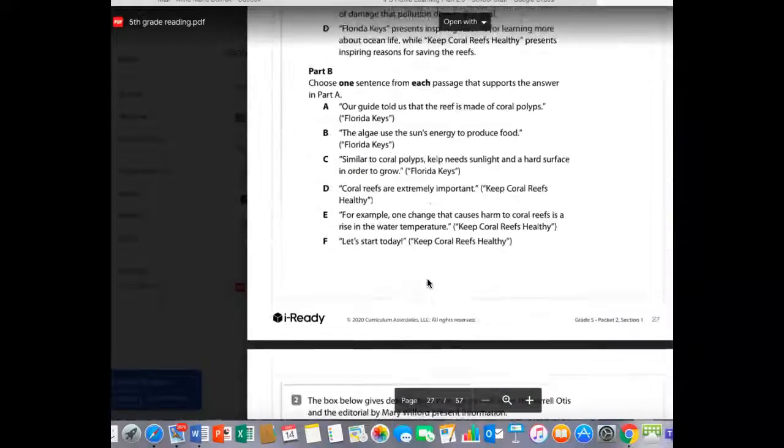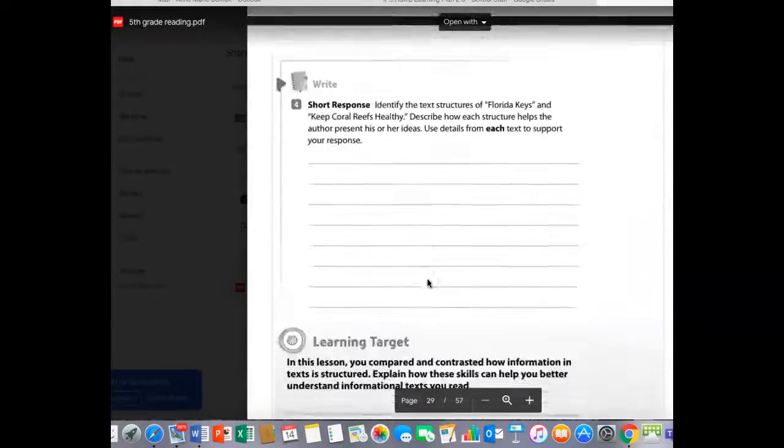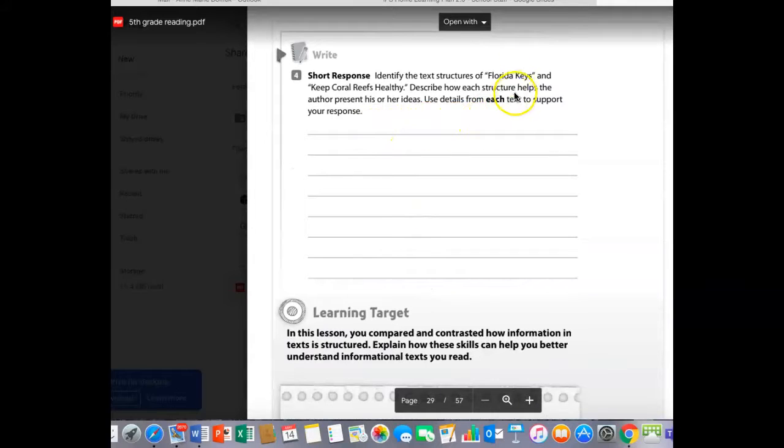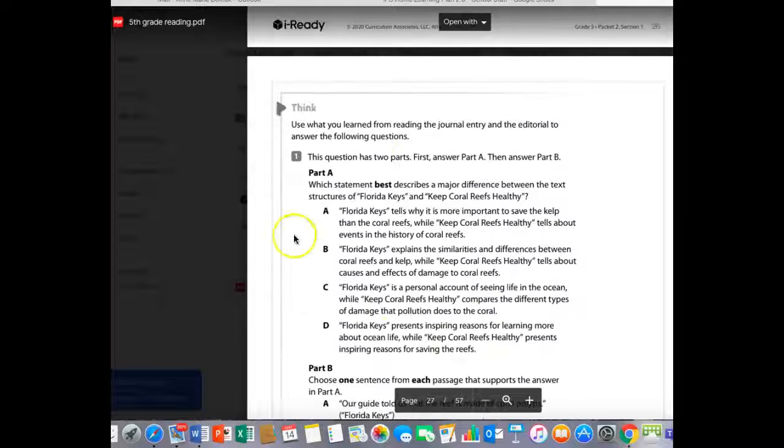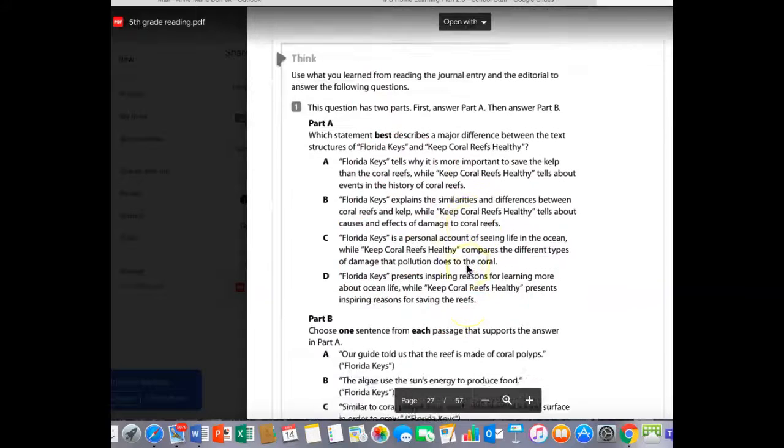You just need to go in there and explain how that structure is helping the author present his ideas and use details, just like I just showed you with the word similar. Find details in the passage that support that it is compare and contrast. And actually, you can look back here. We talked about it right here as well.